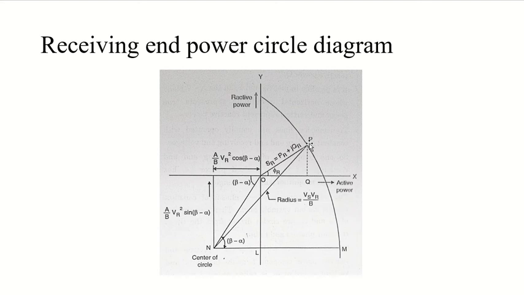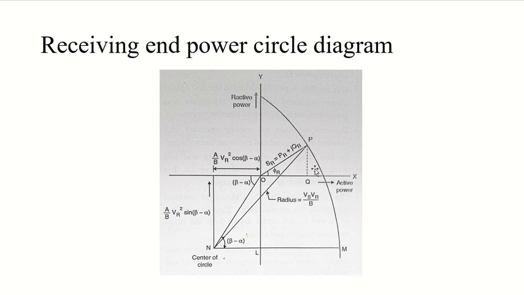See, at this point it is cutting the circle, and then a perpendicular will be plotted on the horizontal axis from point P, as we have done, and we will call it Q. Now what are OQ and OP showing? They are showing nothing but your active and reactive powers, right.